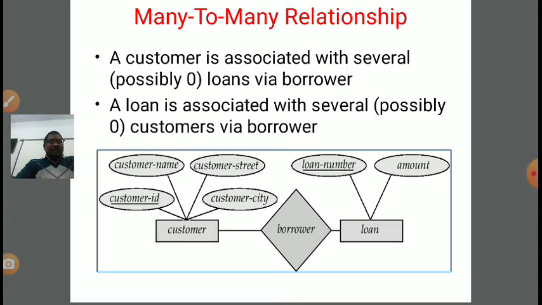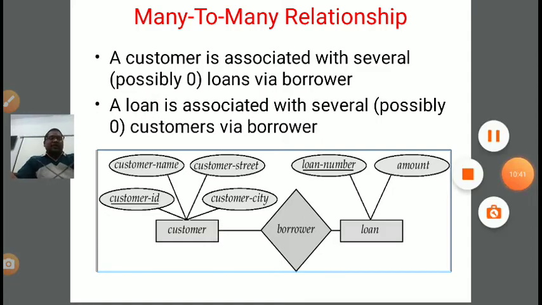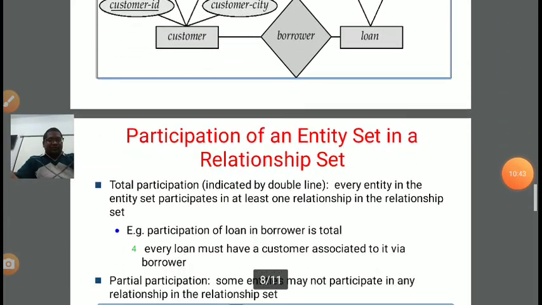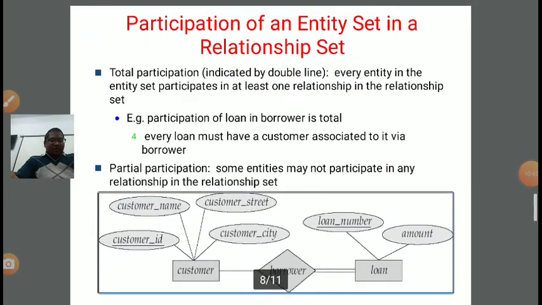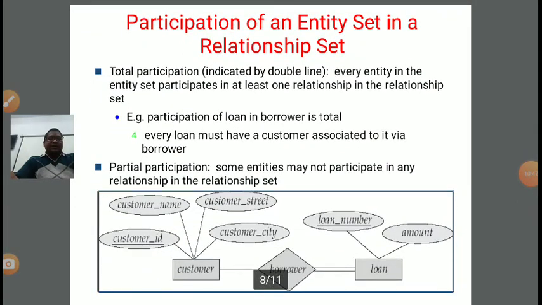Clear? Customer ID is the primary key and loan number is the primary key, but many customers can be related to a loan via borrower, and many loans can be associated with a single customer via the borrower relationship. So these relationships are a combination of one to many and many to one. Next is participation of an entity set in a relationship.